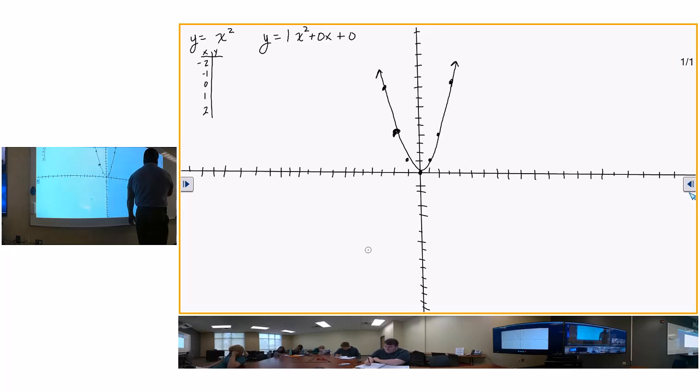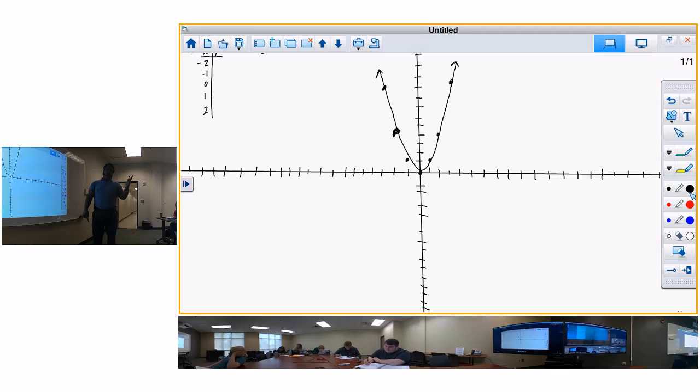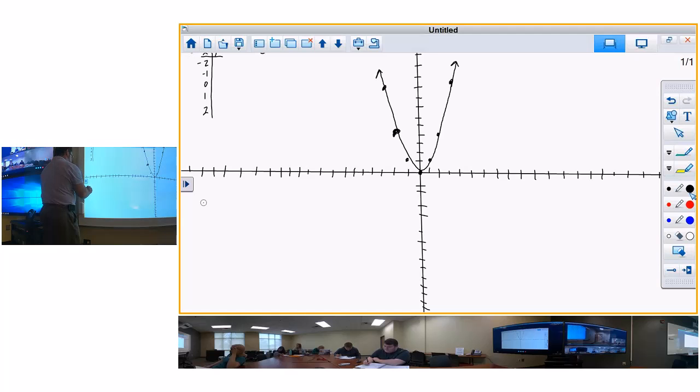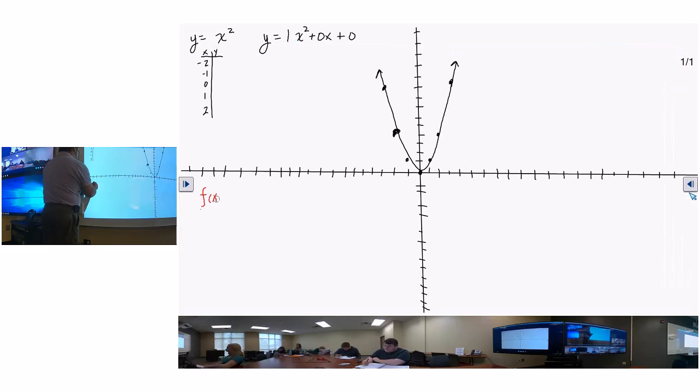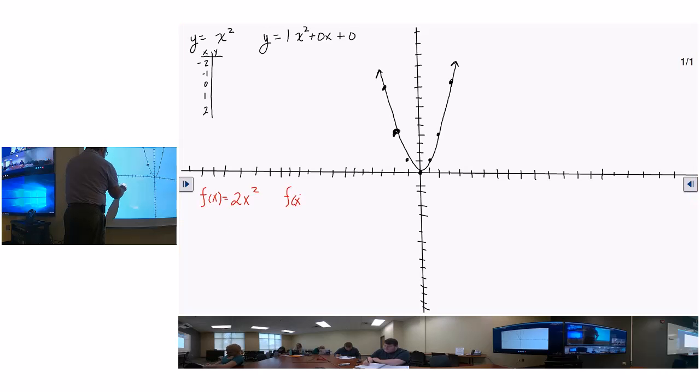Now, I want you to take a red marker or a pink marker or something in a red, orange, and I want you to do f of x is equal to 2x squared. F of x is equal to 2x squared plus 0x plus 0.